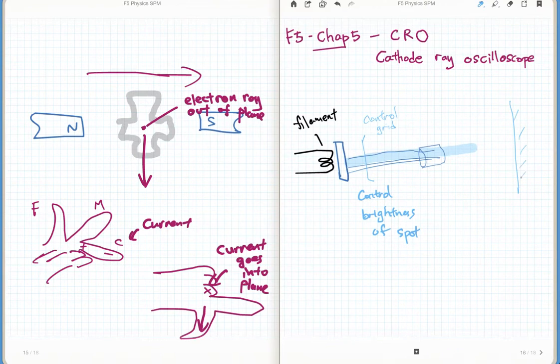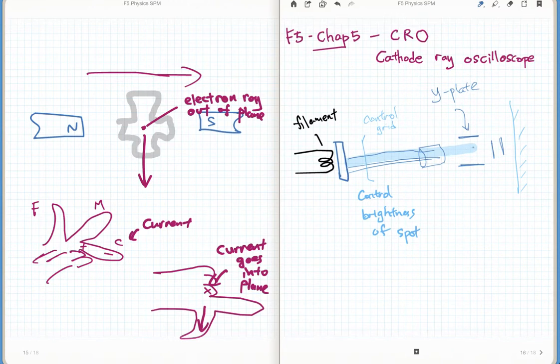This is your screen. So in order to change it to left, right, up and down, scientists in the past actually made some improvement. One would be to include the Y channel as well as the X channel, or the X plate. So this would be the Y plate.